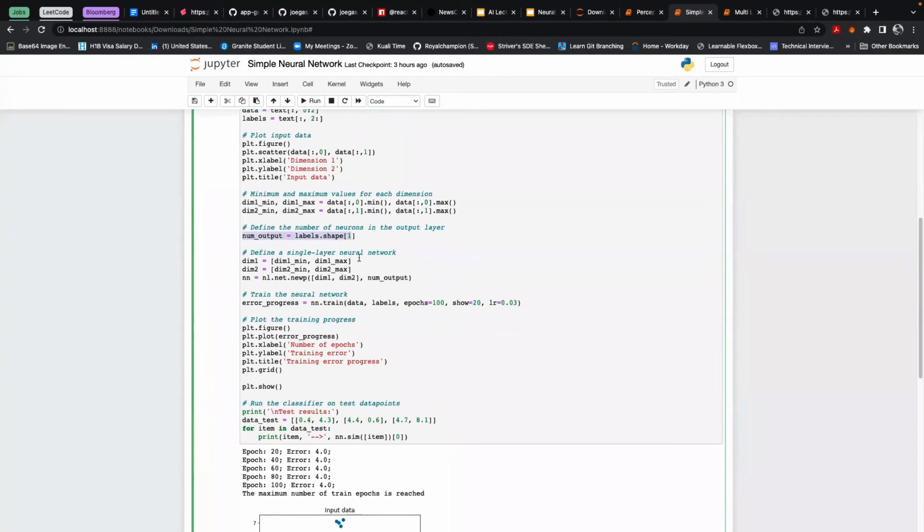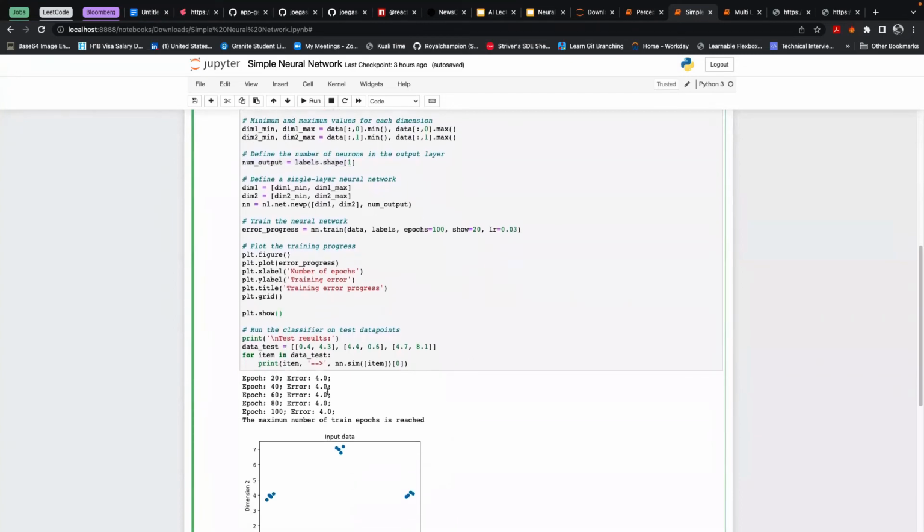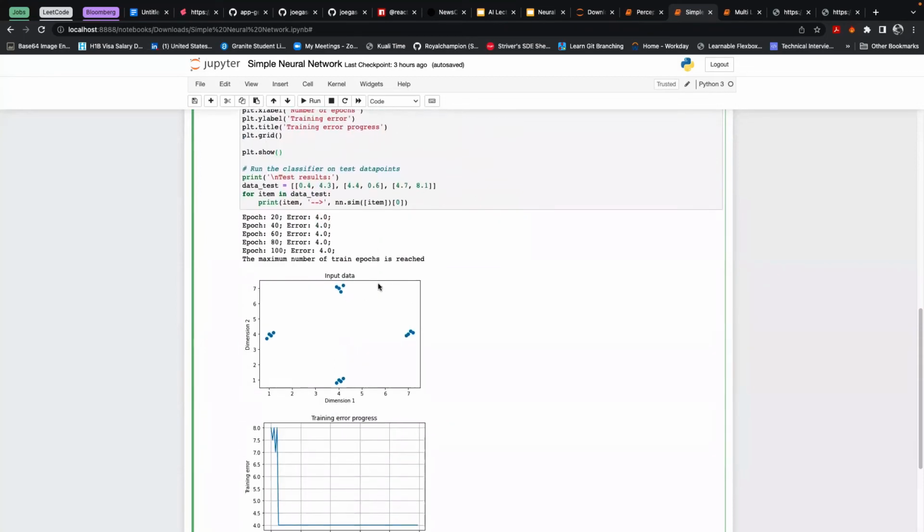Now we define a single layer neural network using the above parameters. Then we train the neural network using the training data, and then we plot the training progress. Now we define some sample test data points and run the network on those points.